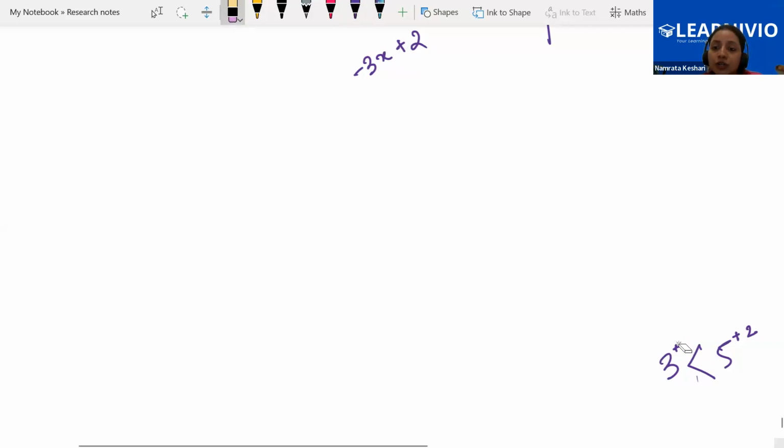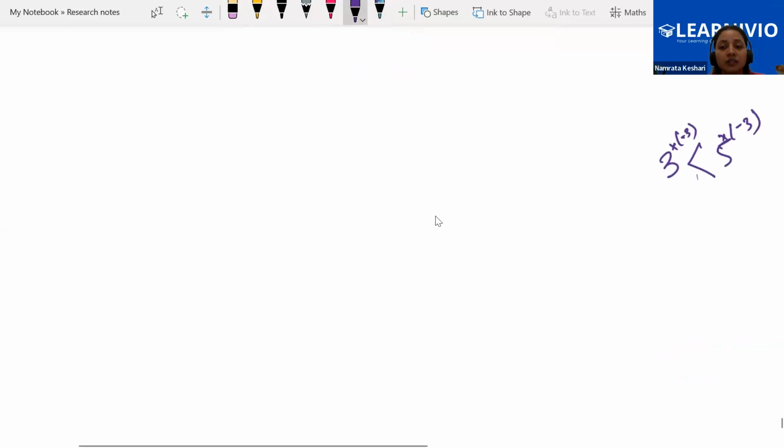Let me show you over here. If you divide by minus 3 on both the sides, check it. Do we have to reverse the sign? Yes, minus 9, minus 15. And minus 9 is not smaller than minus 15, it is bigger than minus 15.